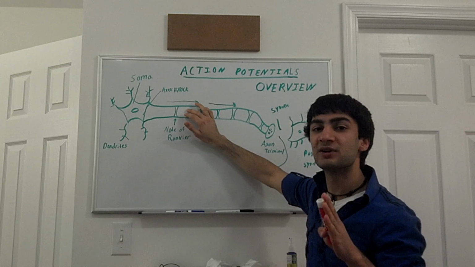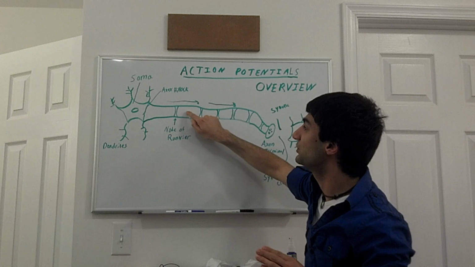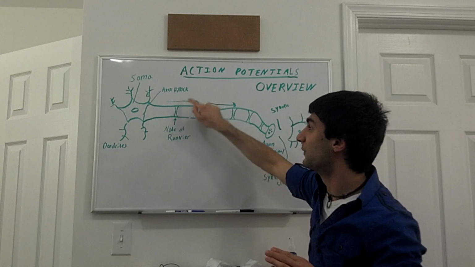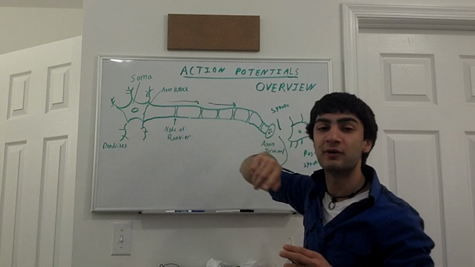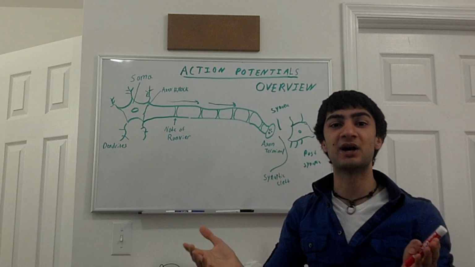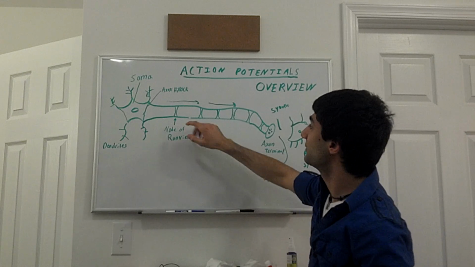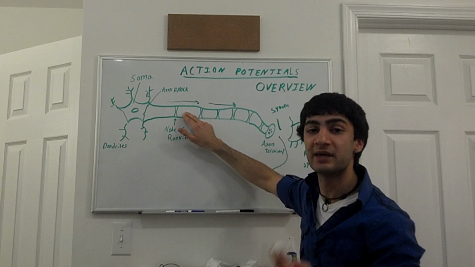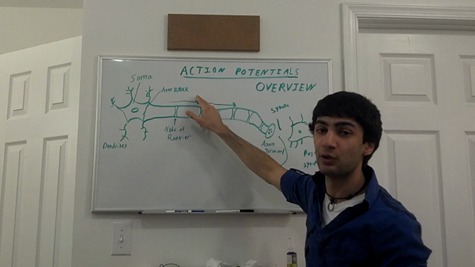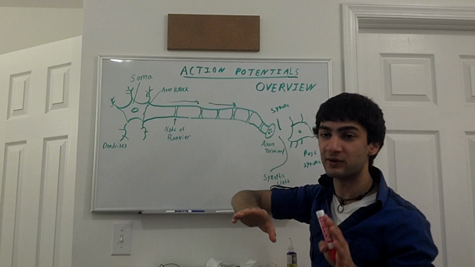But one thing I want you to start thinking about now is that there is a difference of charge between what's inside the cell and what's outside the cell. Therefore, it's called polarization. Polar means it has two sides, or two directions, or two different charges. Typically inside the cell will be a negative charge, and outside the cell will be a positive charge. Much more in depth about that later, don't freak out.